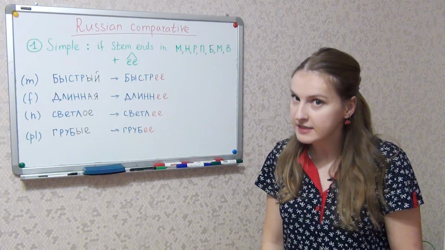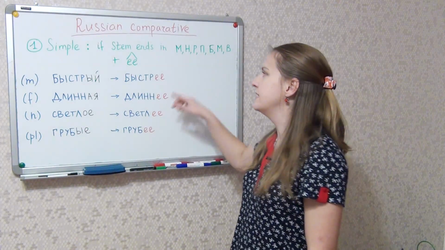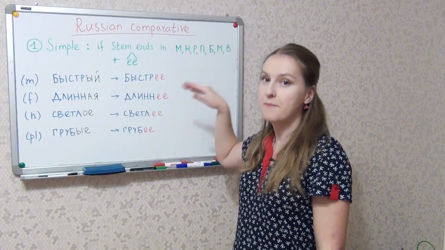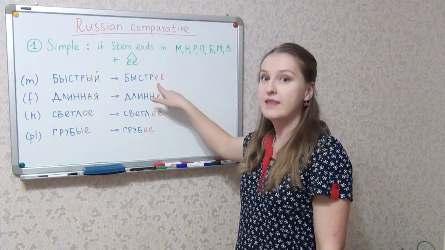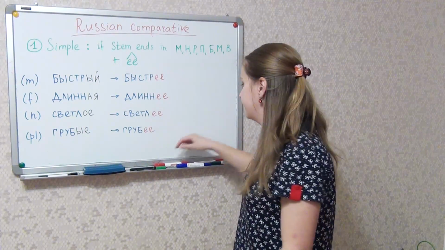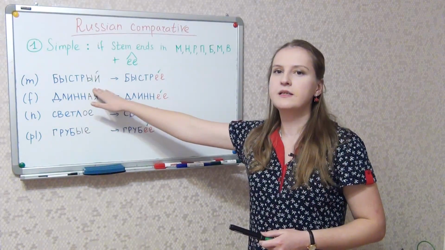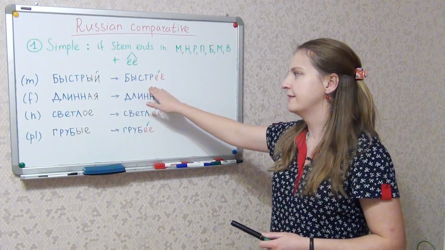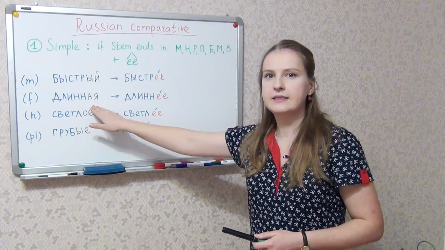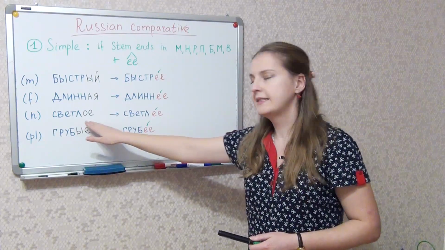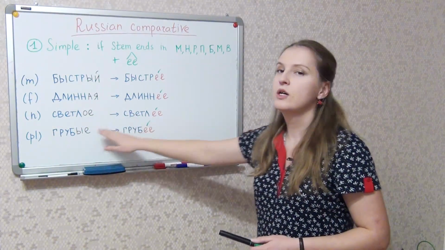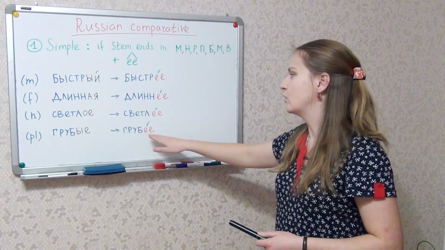And by the way, notice that in most cases, the stress in the comparative form falls on the first «е» within the suffix. Быстрый, быстрее. Длинная, длиннее. Светлое, светлее. Грубые, грубее.